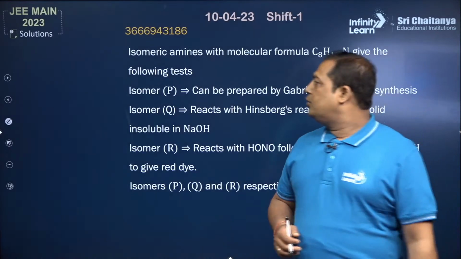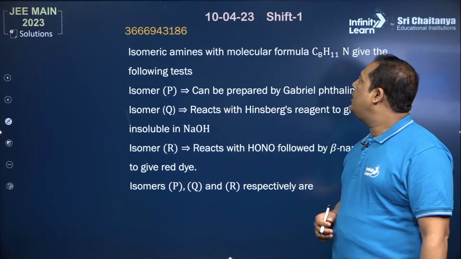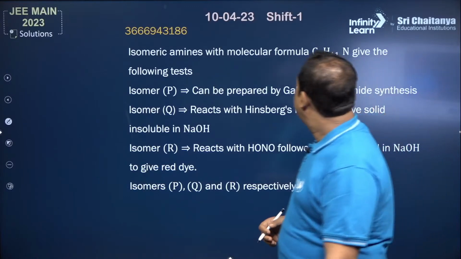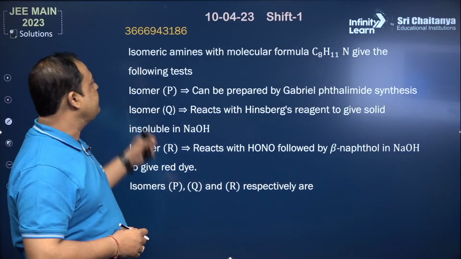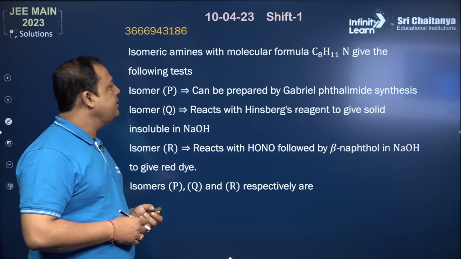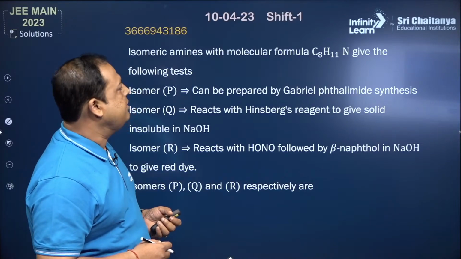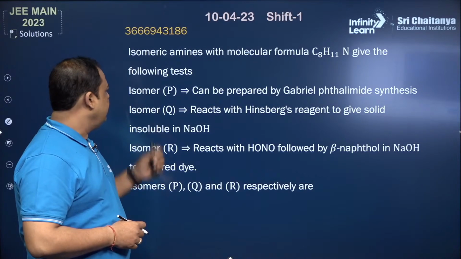Yeah. So come to the question here. Isomeric amines with a molecular formula C8H11N give the following tests. The first one is P, which can be prepared by Gabriel phthalimide synthesis.